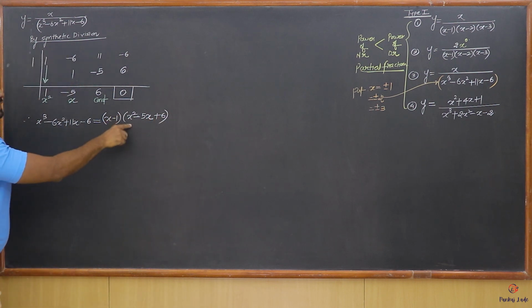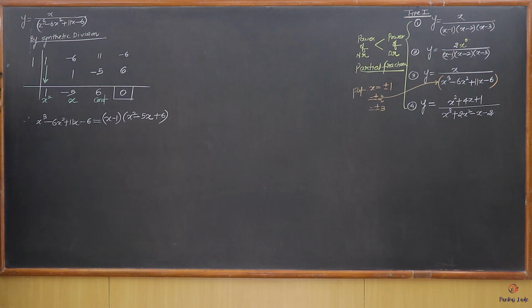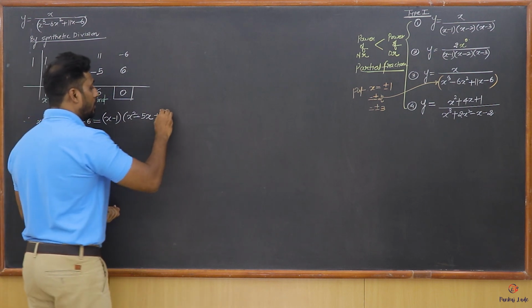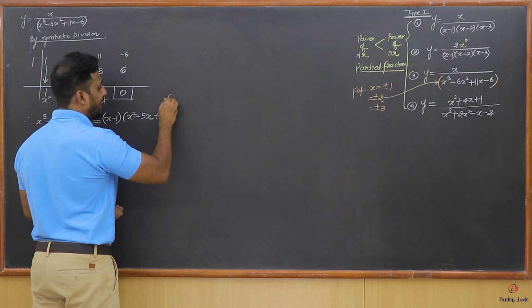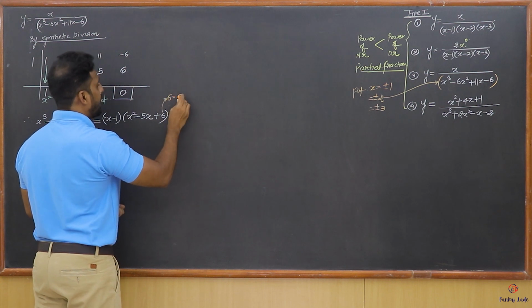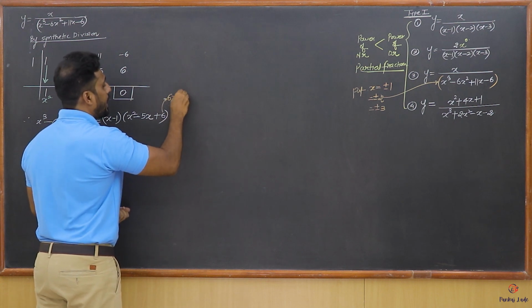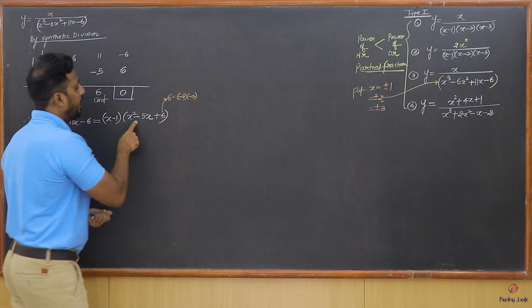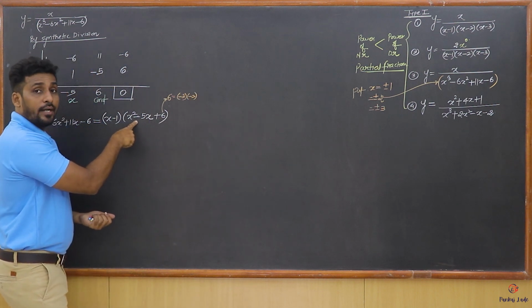Now this is a very simple quadratic expression. You know that 6 can be written as minus 3 into minus 2. Minus 3 into minus 2, you get 6, and minus 3 minus 2, you get minus 5 also.